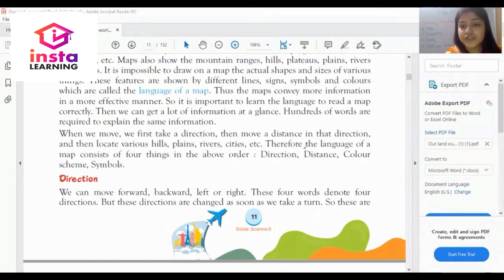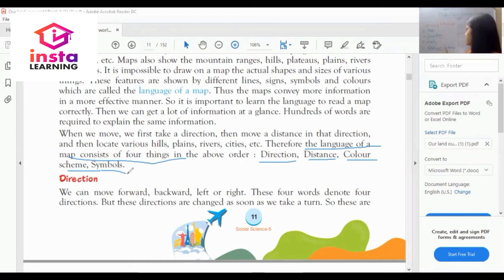The language of a map consists of direction, distance, color scheme and symbol, which are our next learning objectives of the chapter. First, direction. Second, scale, color, symbol and kinds of maps. So let's study direction. It is the second learning objective of the chapter, direction.